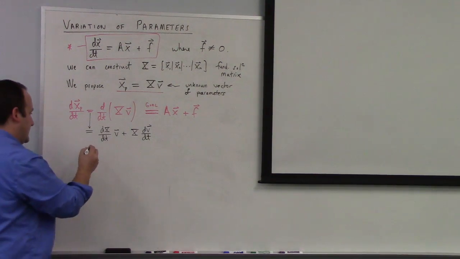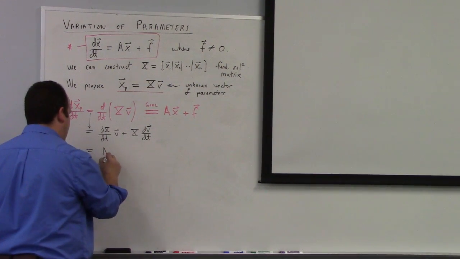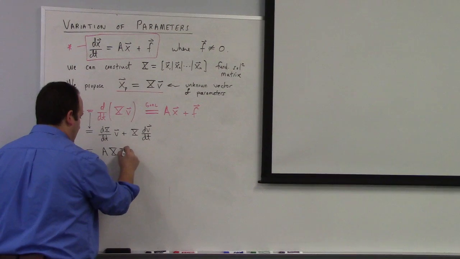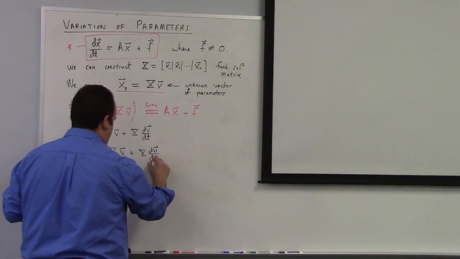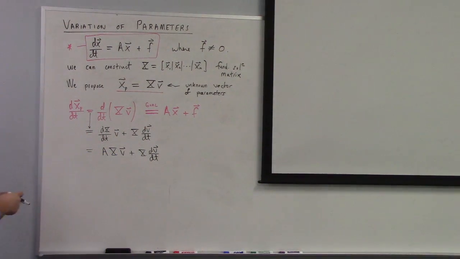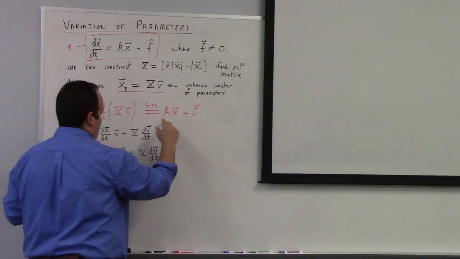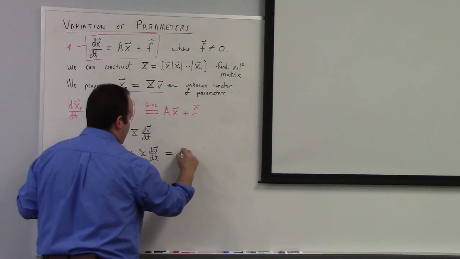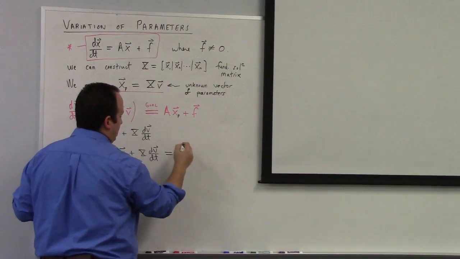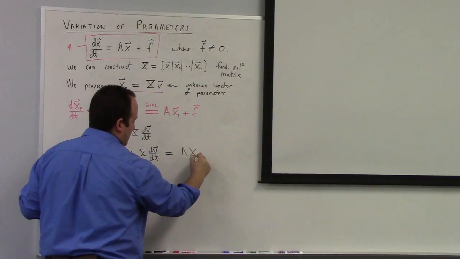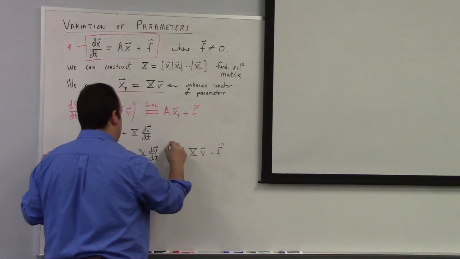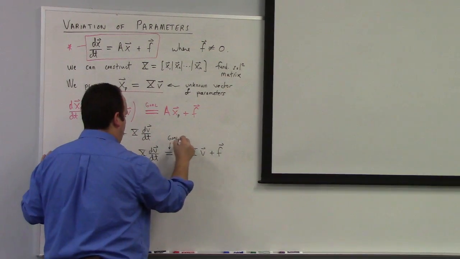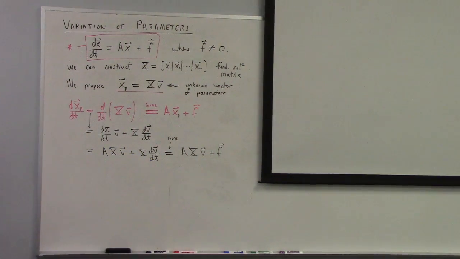That means that dX/dt can be rewritten as A times X times v plus X times dv/dt. Well, this is wonderful, because you notice that our goal is to show that this is equal to A times xp. So what's xp? Well, xp is big X times v, plus f. That equality is our goal.